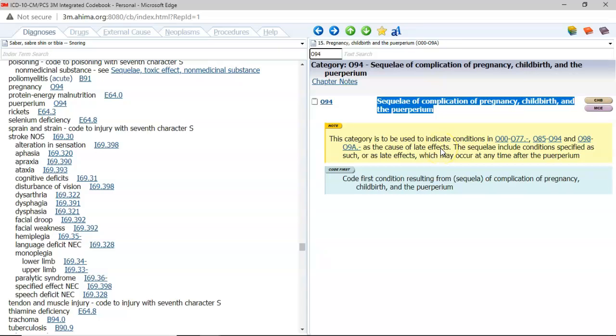So the terms sequela and late effect can be used interchangeably. The sequela includes conditions specified as such or as a late effect, which can occur at any time after the puerperium. And we also have an instructional note here to code first the condition that resulted from the sequela or the complication of pregnancy, childbirth, and the puerperium.